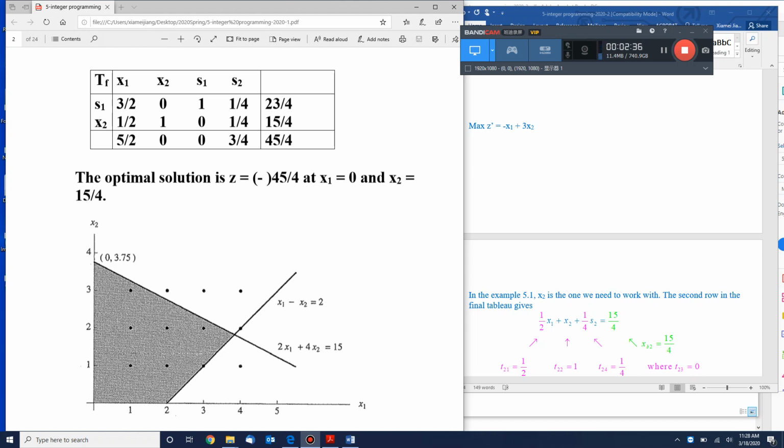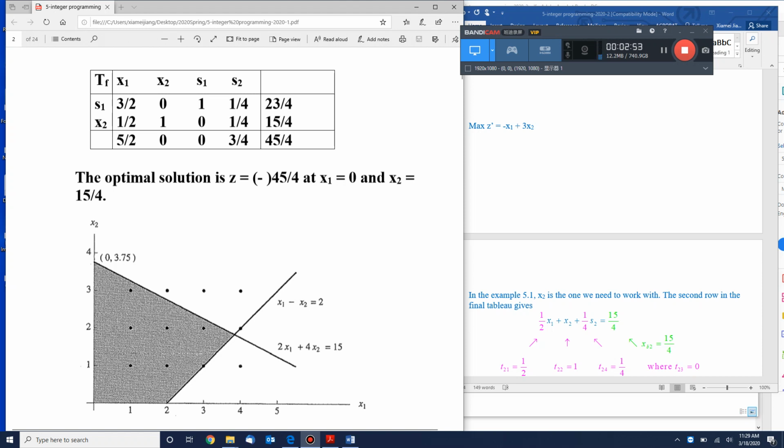Actually, it doesn't work. If you look at this graph, because we have only two variables, we can draw the feasible region, that shaded area, right? And you could see (0, 4) is not in the feasible region.